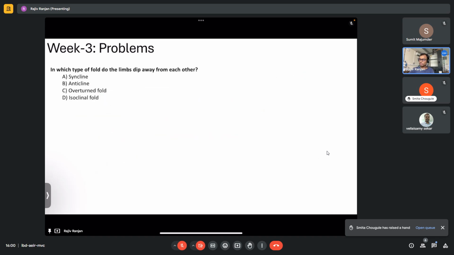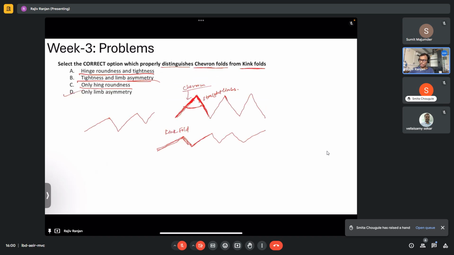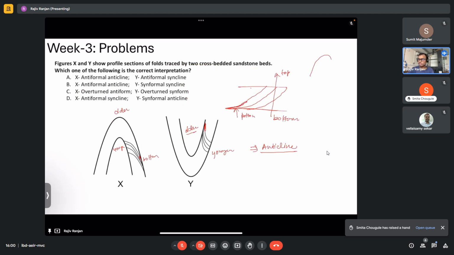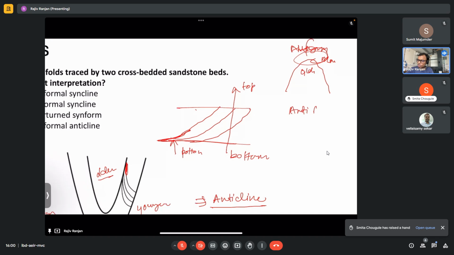So this is what I discussed, that when you have older rocks in the core, this is a normal scenario. This is an antiform, and it also becomes an anticline.